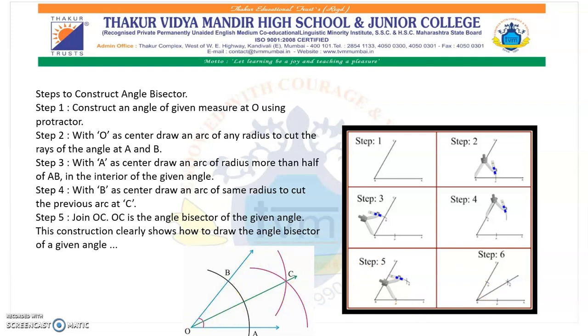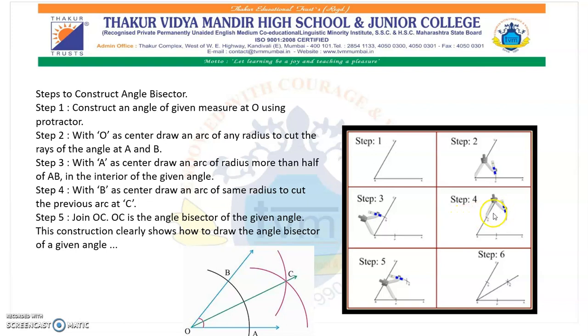Here also you can see in step 1, first draw an angle. In step 2, keep the pointer at the vertex, take an arc of any radius to cut the rays of the angle. In step 3, take A as the center, draw an arc of radius more than half of AB in the interior of the given angle.